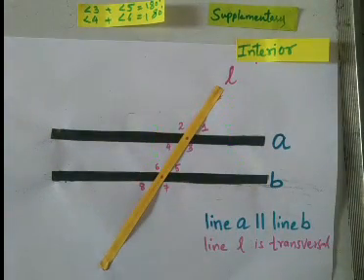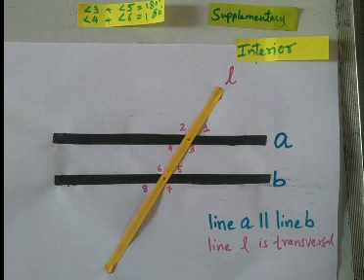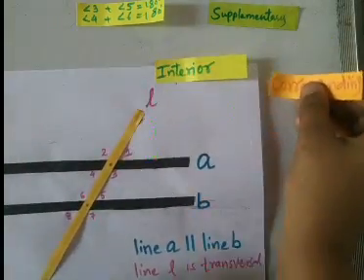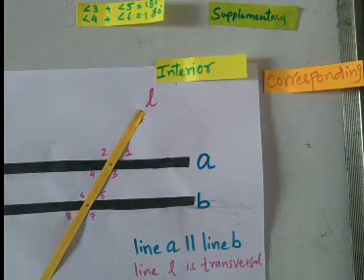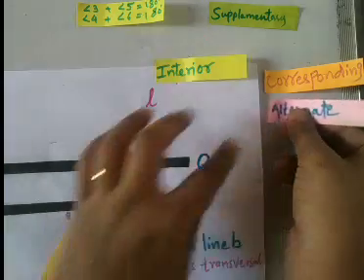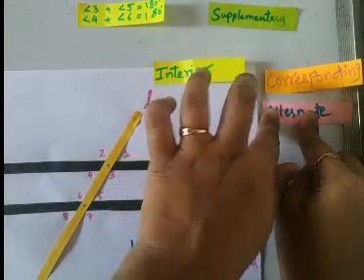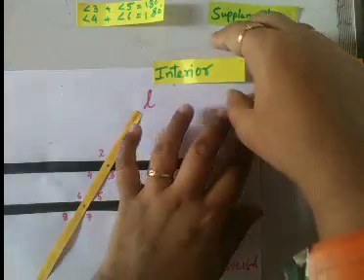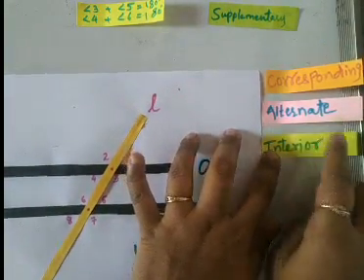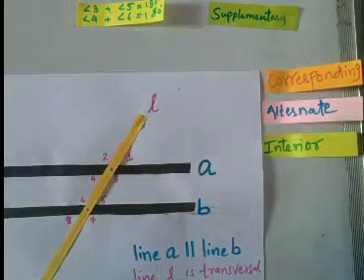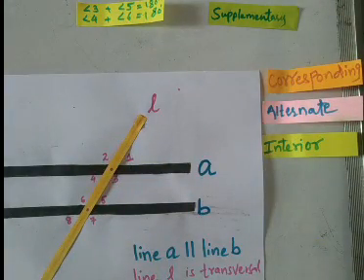So we have learned 3 types of angles formed by the two parallel lines and one transversal line. Corresponding angles, we have seen. After that we saw the alternate angles, and after that we saw interior angles. These 3 kinds of angles we have learned today.